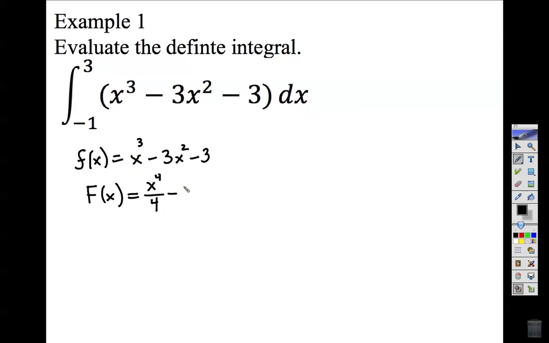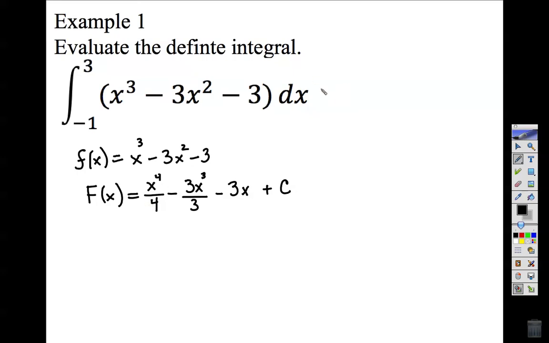Same thing with the next term, minus 3x, add 1, 2 plus 1 is 3. Divide that by the new exponent, minus 3x plus our constant. This is lowercase f. The antiderivative is capital F of x, which is this function right here.